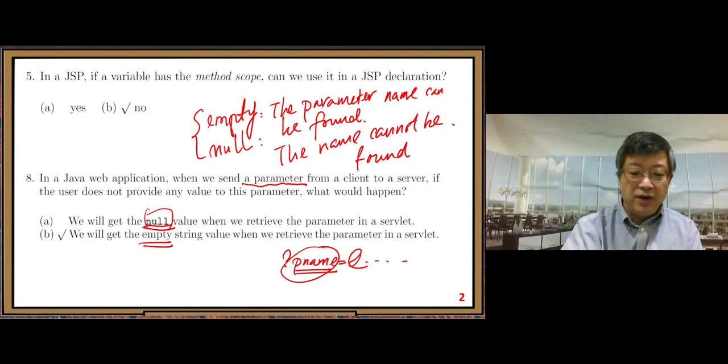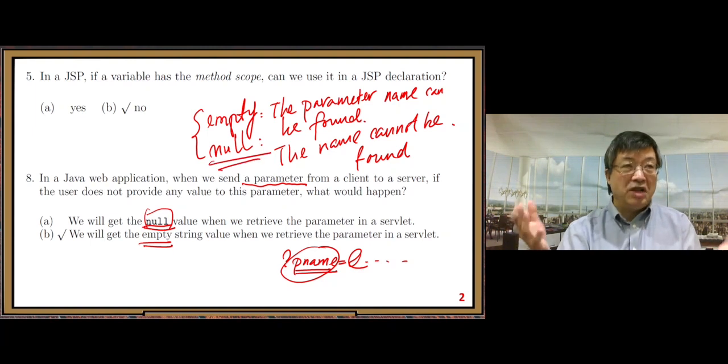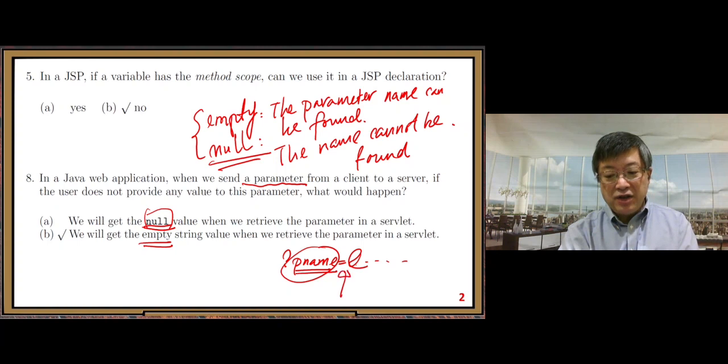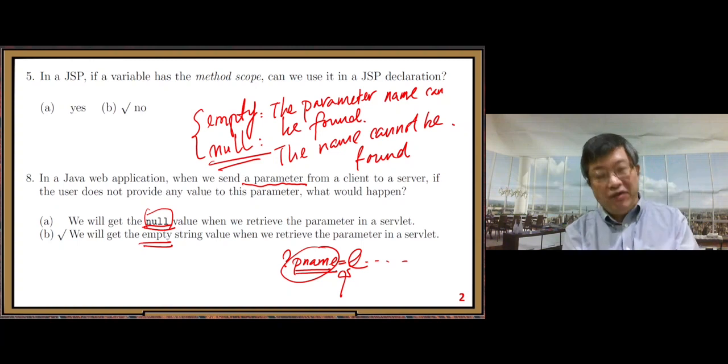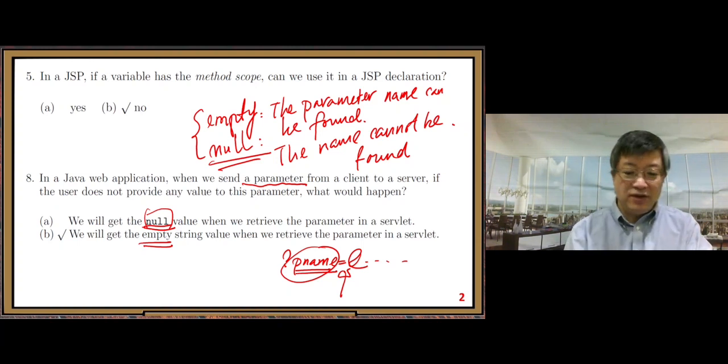In that situation, you get a null object. That's the main difference. With the empty string, the name can be found but the value is nothing. Try to see the difference. That's question number 8.